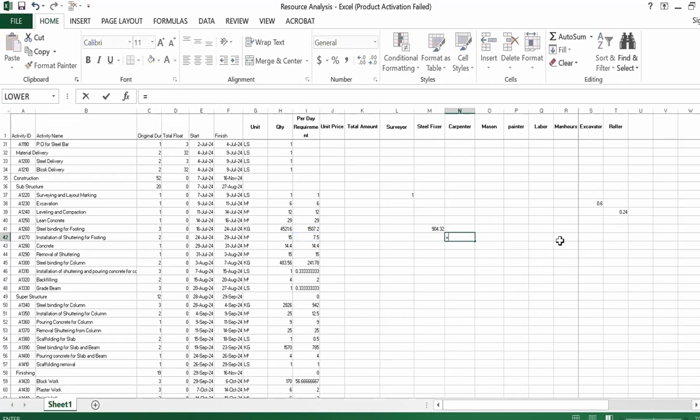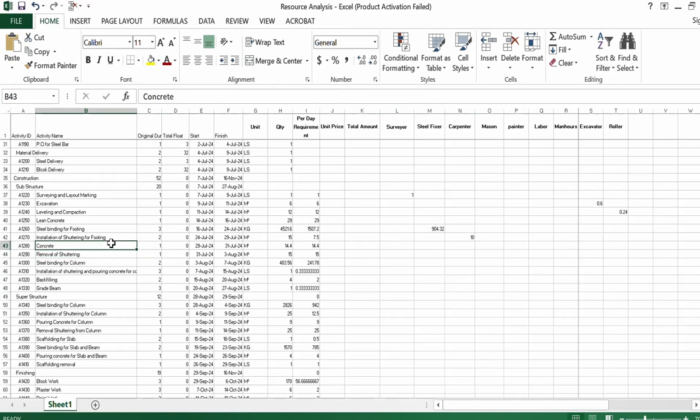Or we can say per day one carpenter will do 12 square meter, then we will multiply it by 2, so we can get total hours. Then we can multiply it by 8. So 10 hours total is required to complete this activity.